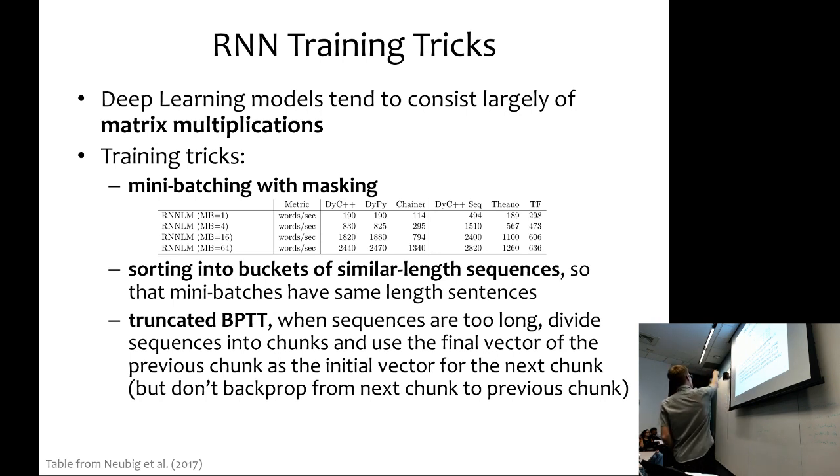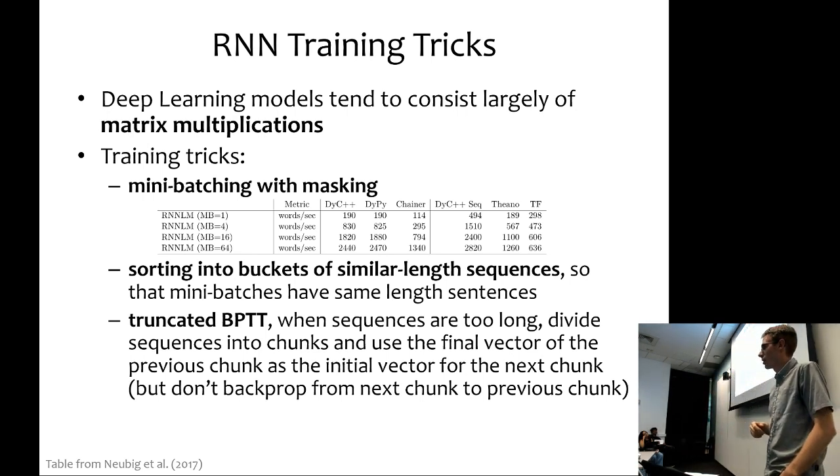So when you have mini batch size 1, let's focus here on DyNet C++, which is DyNet implemented in C++. They also have a Python interface. In the C++ case, this first column, you get 190 words passing through this RNN-LM per second. If instead you go up to a mini batch of size 64, you get 2,440 words per second passing through. And this is at training time.